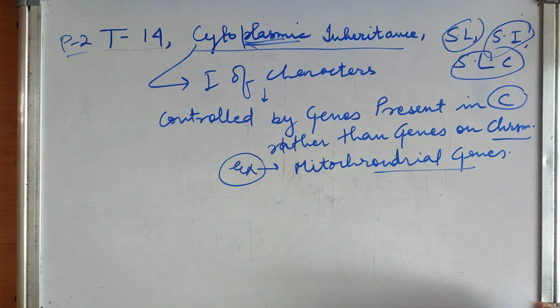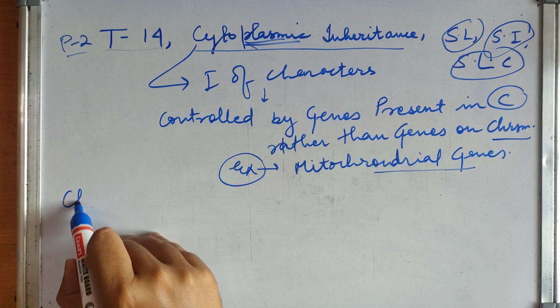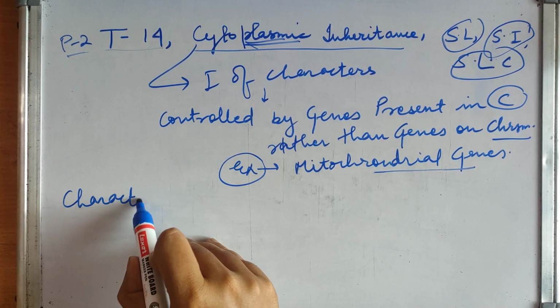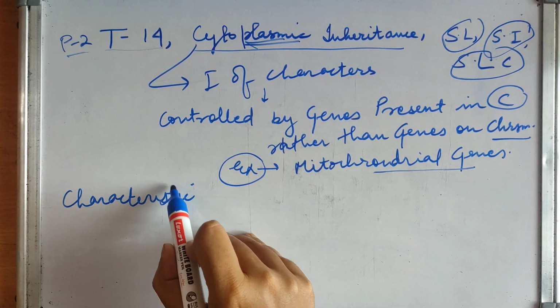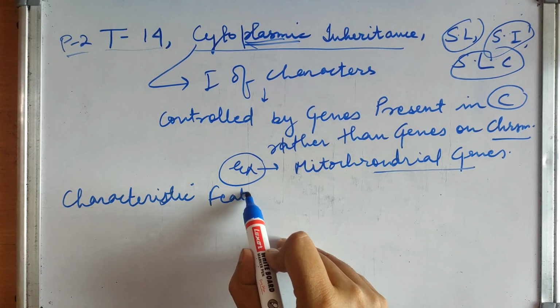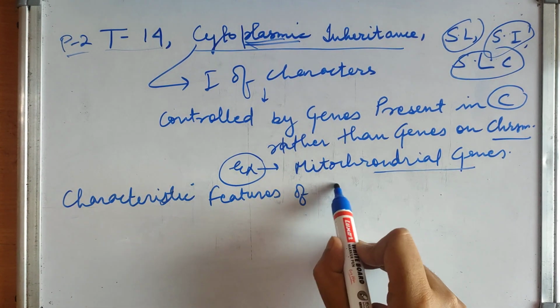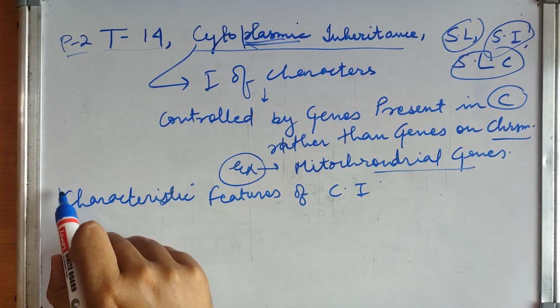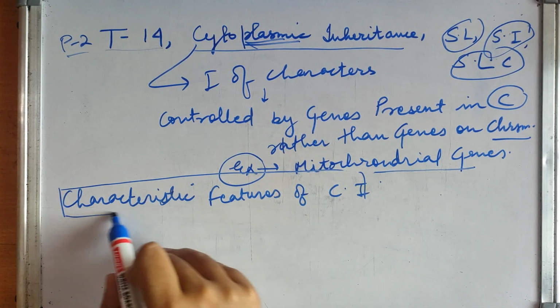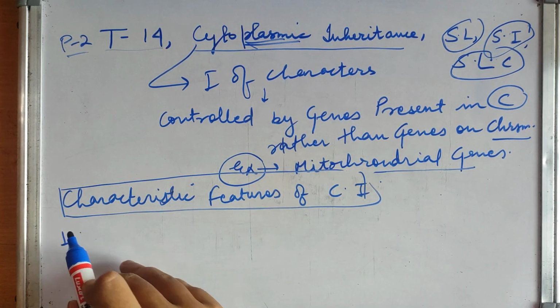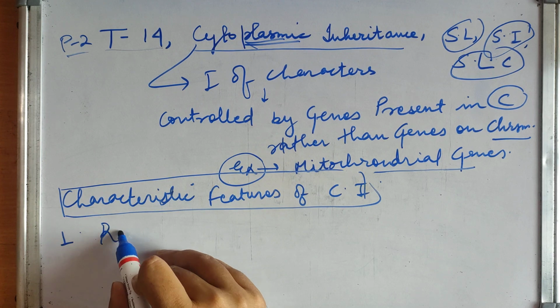Now what are the characteristics, features of cytoplasmic inheritance? The first one is reciprocal differences.